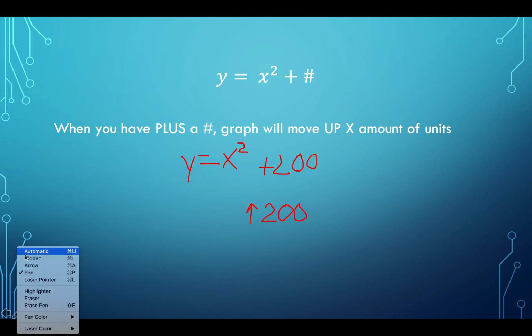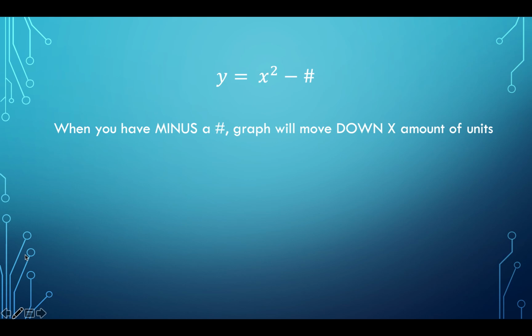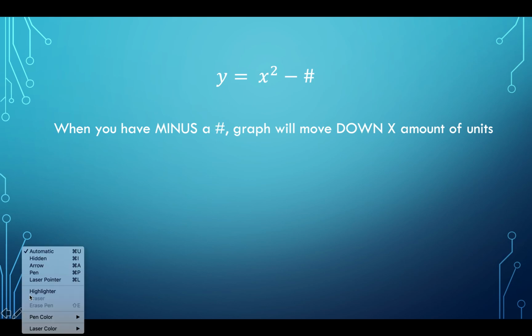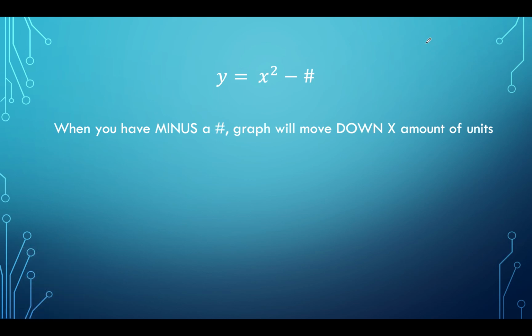And now, if we have y is equal to x squared minus a number, when you have minus, the graph is going to move down that many units. So if we have over here y is equal to x squared minus 100, it's going to go down 100 units.